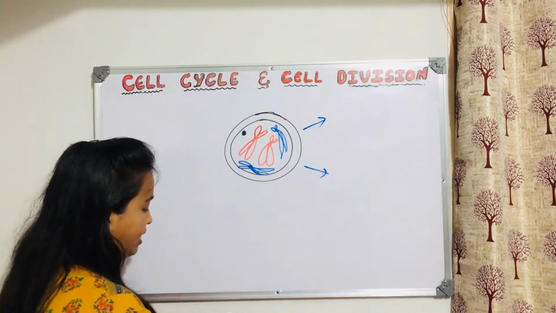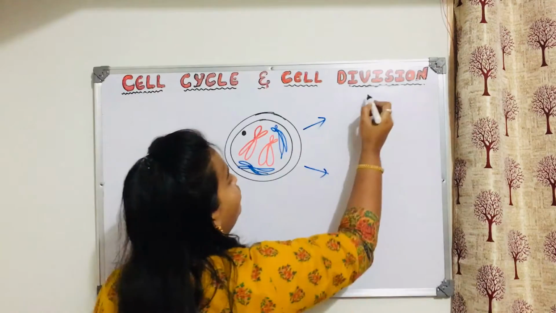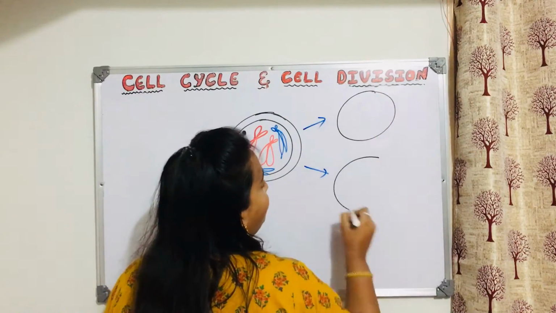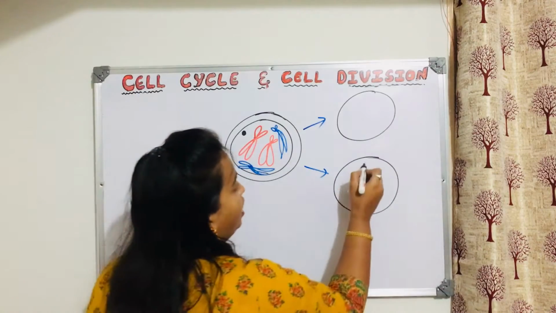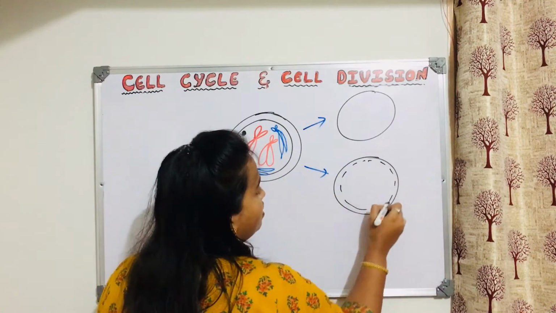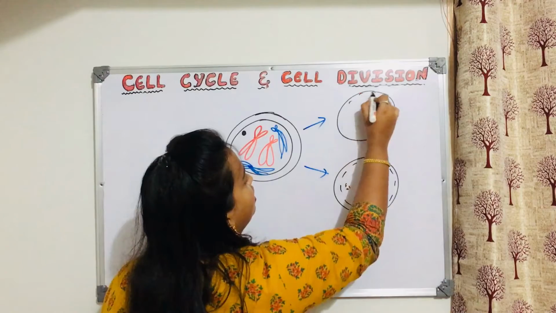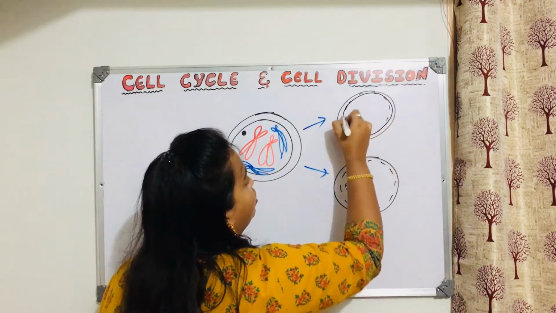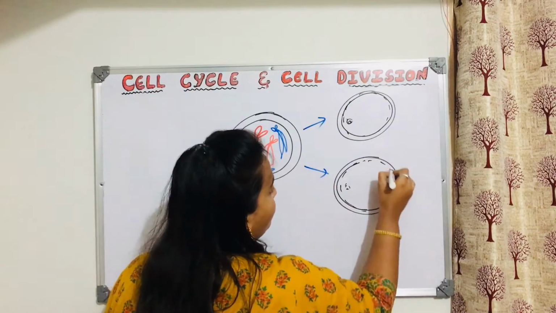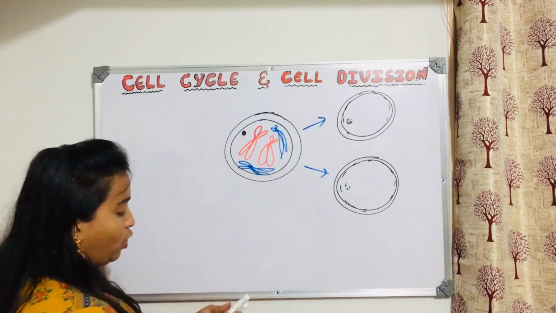The 2 cells which we got from meiosis 1 also had the nuclear envelope. They had a nucleolus, complete, you can show it. But the chromosomes they had were like this, and here, one is here.